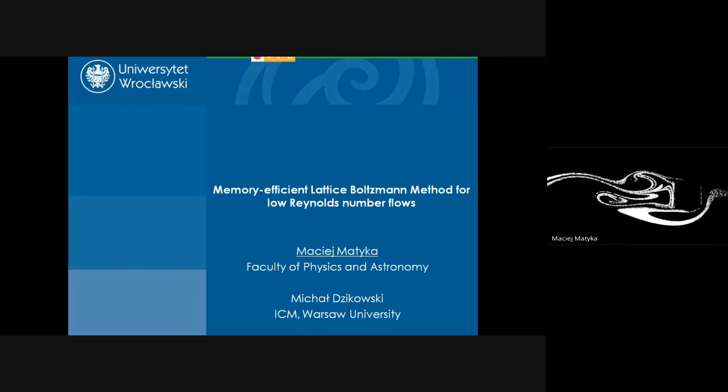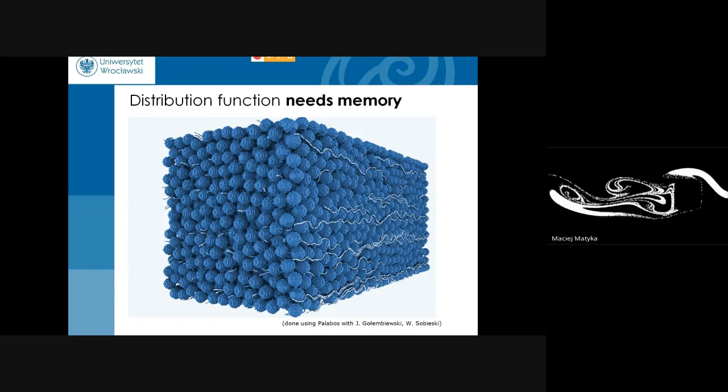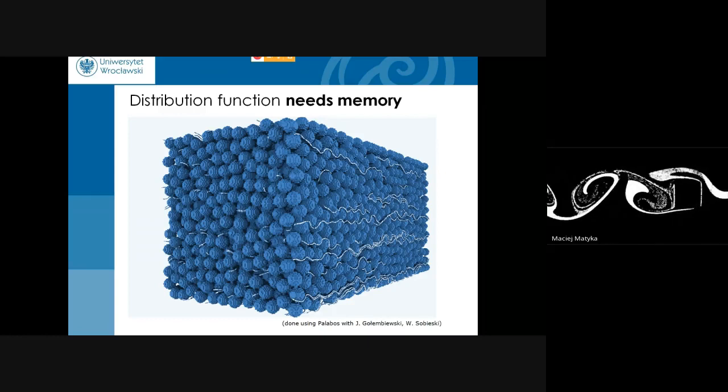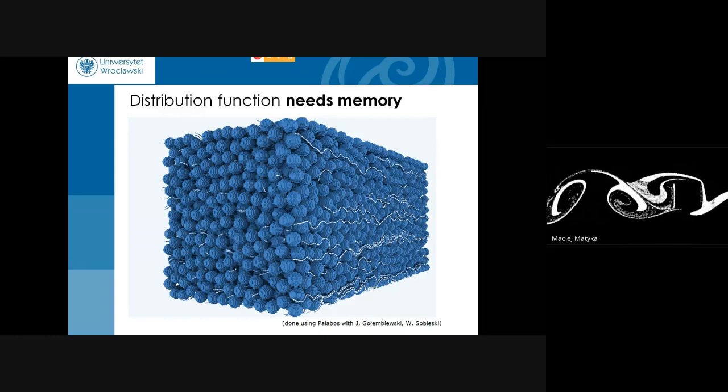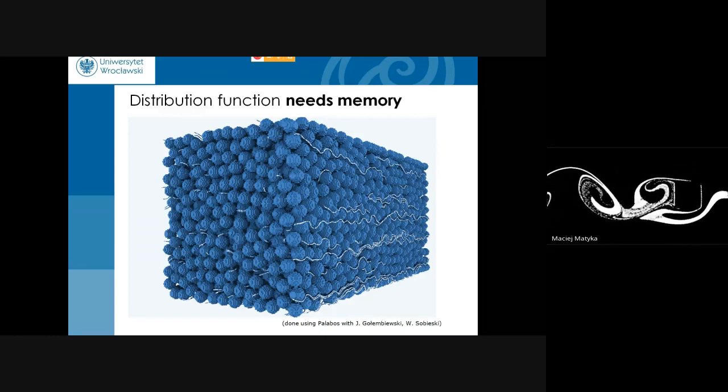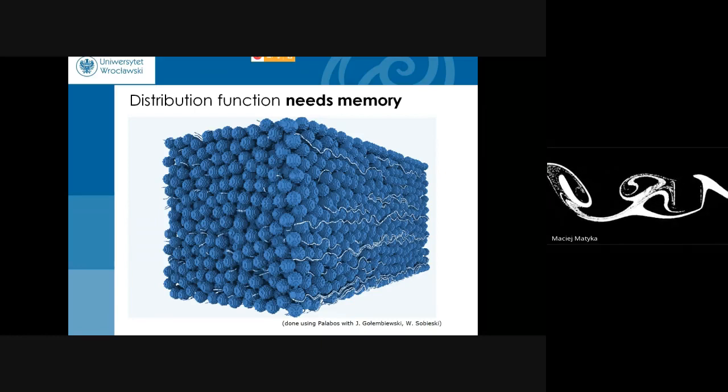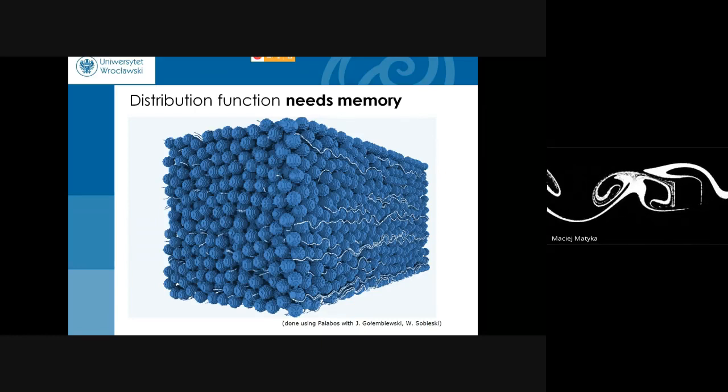So let's see. I'm working with porous media. Porous media, as you know, are quite large systems with small narrow passages for the flow. So it's a very memory demanding task to simulate the fluid directly. Here is an example.